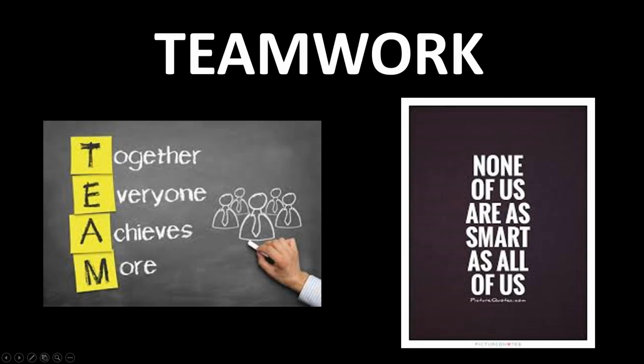Some strategies for teams, why we do it. Together everyone achieves more, and none of us are as smart as all of us. So essentially what we're saying there is usually the team will outperform the best individual in the team.